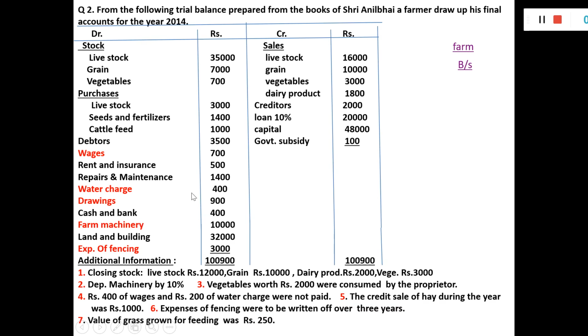Water charges 400, drawings 900. Water charges 400. Adjustment is there, number four: rupees 200 of water charges were not paid. The effect will be given here. Go to the farm account.